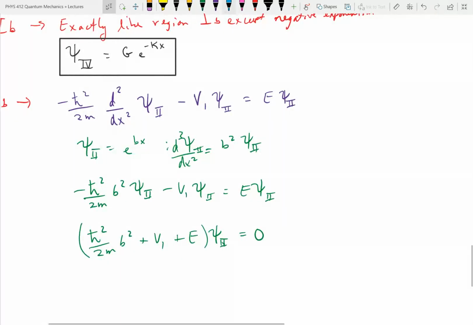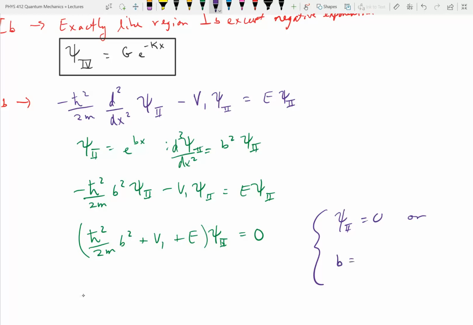And what do we have for solutions to that? And so, of course, we have a trivial solution. And we've also got whatever b is equal to from all that, plus or minus square root of 2m E plus V1.